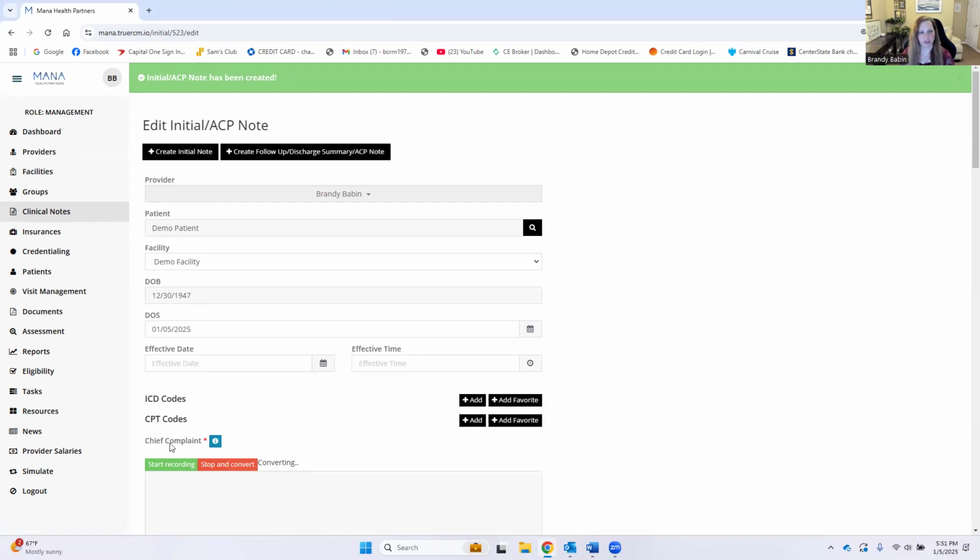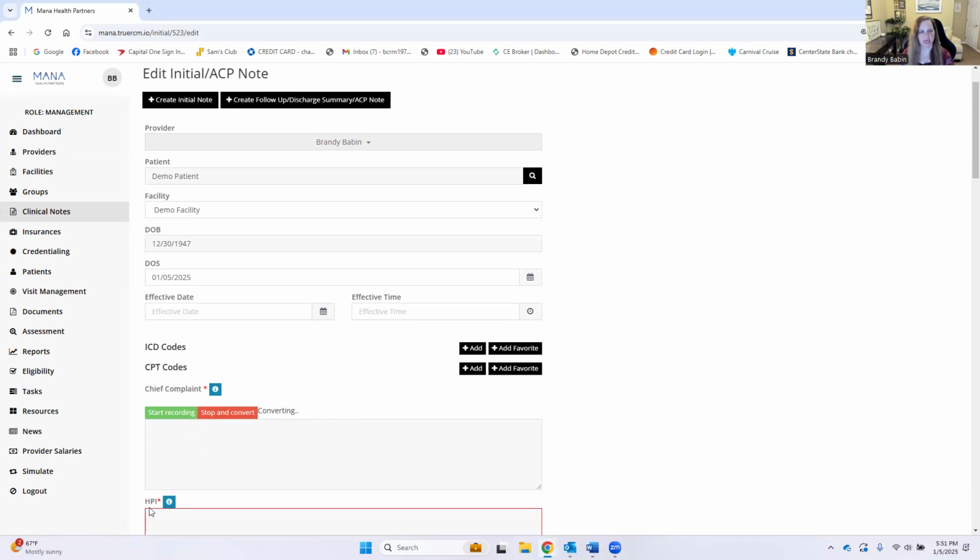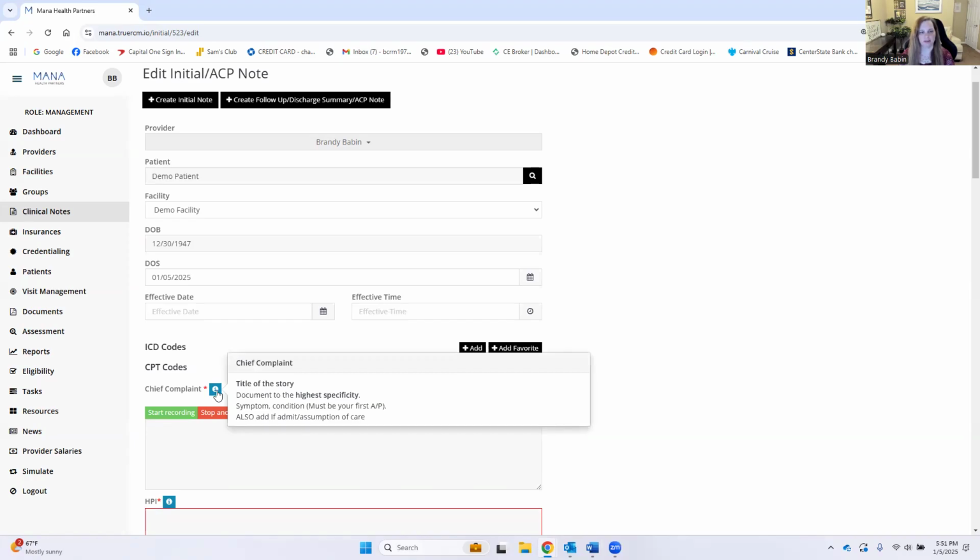Each section has a header. This header is chief complaint. There's a header HPI. Some of the headers have red asterisks, meaning they need to be completed prior to closing your notes. And some headers have an I, which is information about what is required in this box. And so this is the chief complaint.